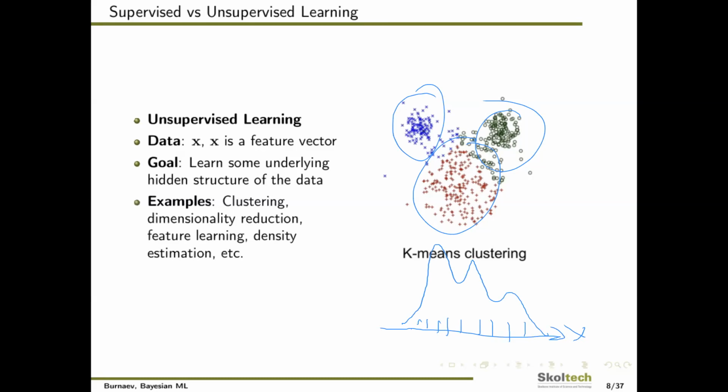For example, we can say that here we have anomalies, and this would be our anomaly detection based on the density, where we compare it to some threshold. If it's smaller than the threshold, then we say, okay, it's an anomaly. Basically, all unsupervised approaches can be reformulated as a problem of recovering some probabilistic distribution.